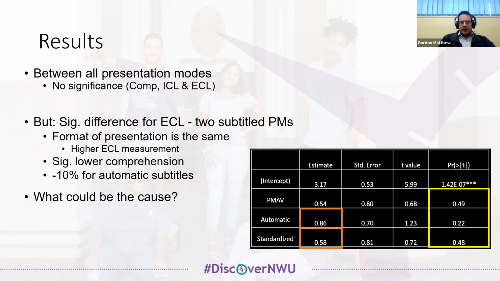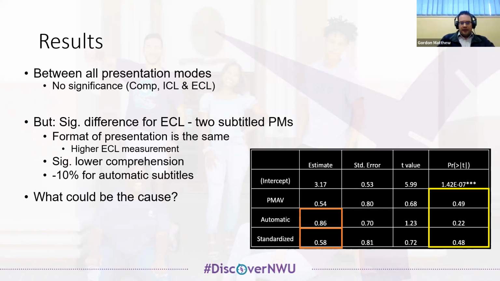But there was a significance in the extraneous cognitive load that has to do with the format of presentation between the 2 subtitle presentation modes, which is strange because according to the definition of extraneous cognitive load, both these presentation modes are similar in terms of format of presentation. They are both videos with subtitles on them.